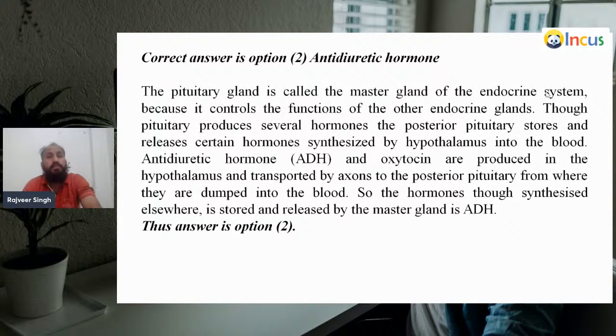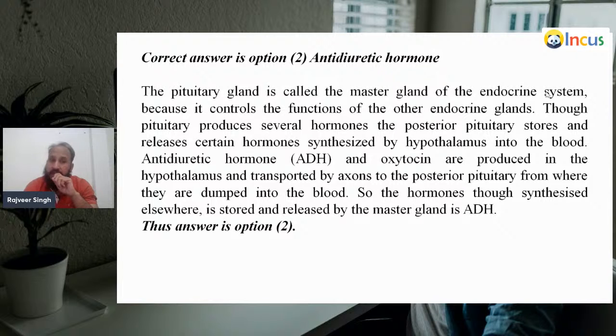Because here the pituitary gland is called the master gland of the endocrine system, because it controls the function of the other endocrine glands. Though the pituitary produces several hormones, the posterior pituitary stores and releases certain hormones synthesized by the hypothalamus into the blood, right?